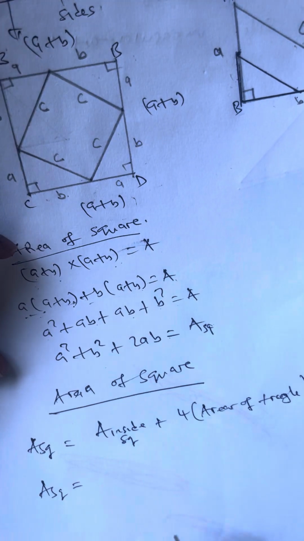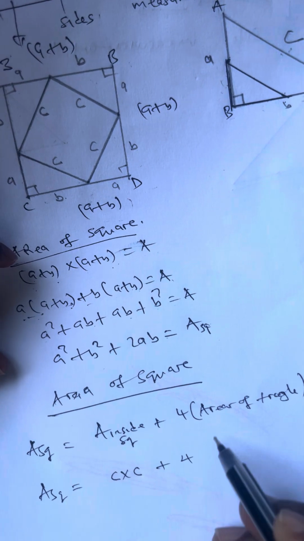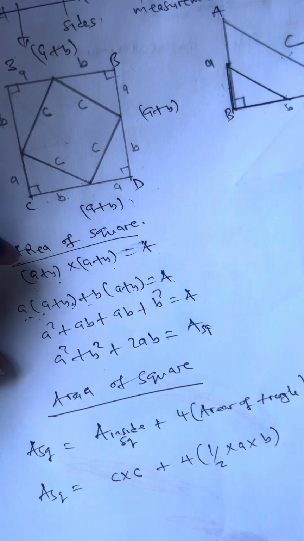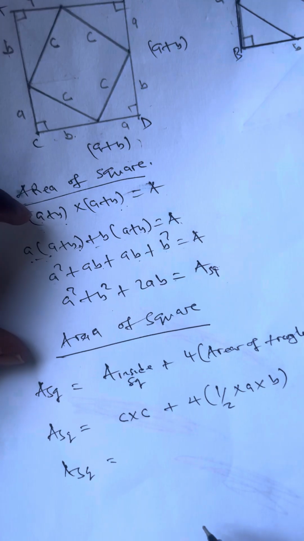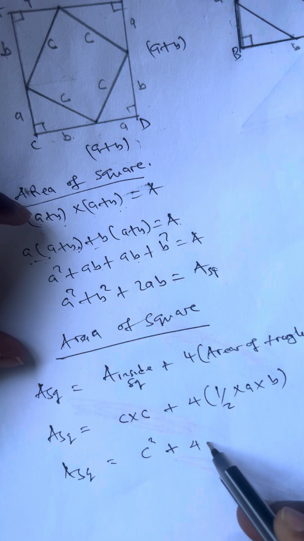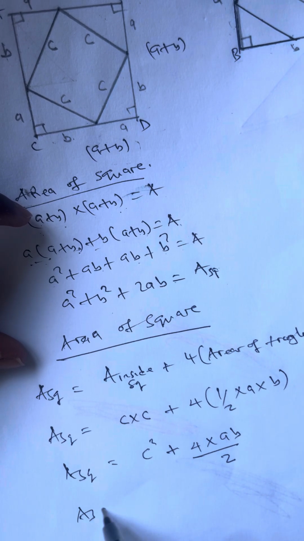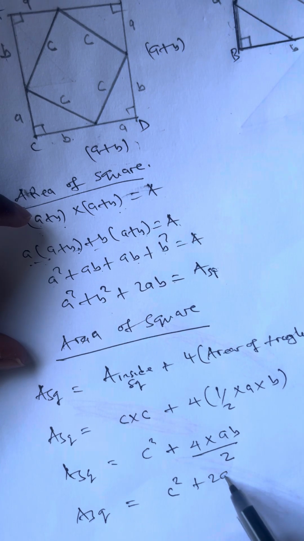The area of the square inside is C times C, plus 4 times half A times B. What we get is the area of the square equal to C square plus 4 times AB over 2. So the area of the square equals C square plus 2AB.